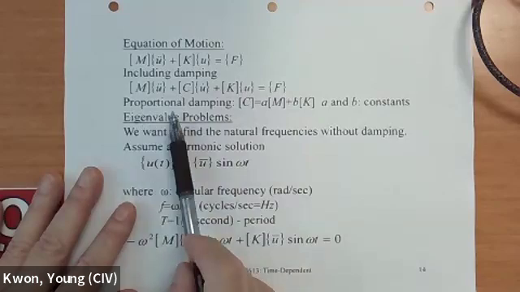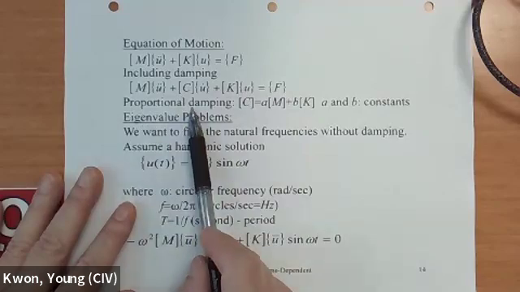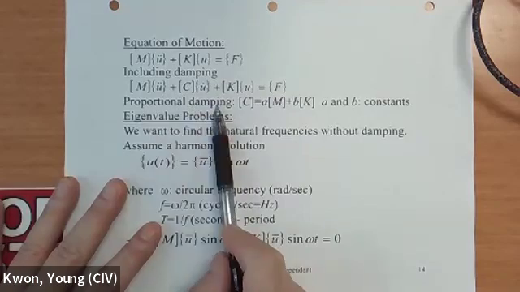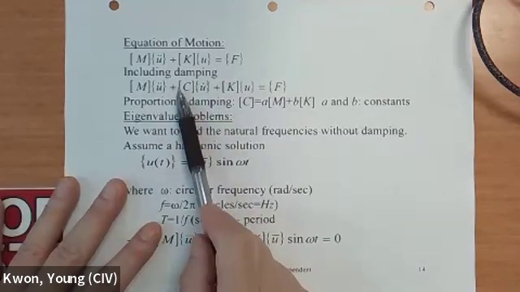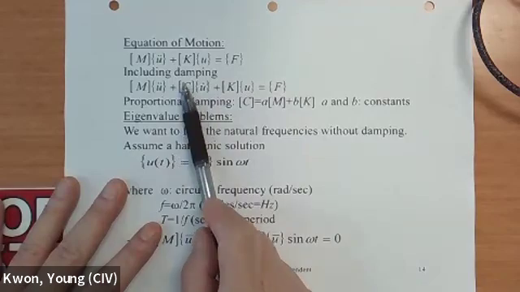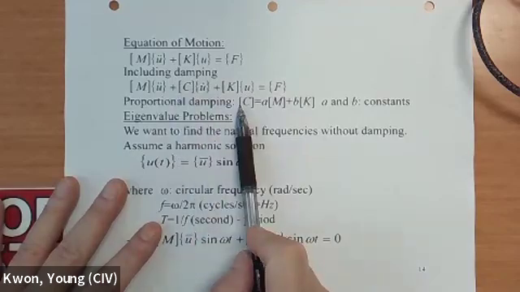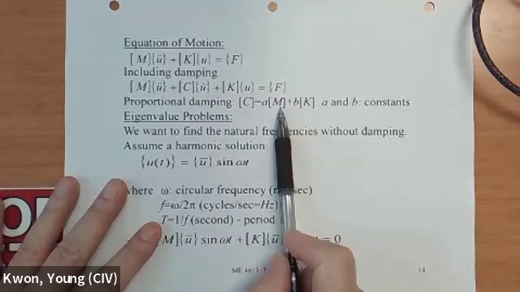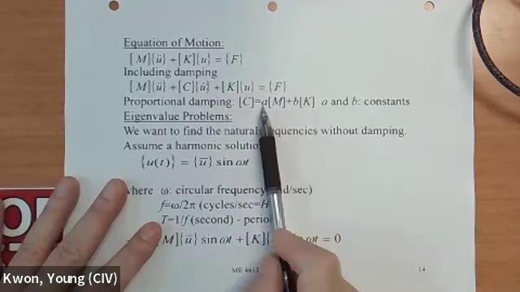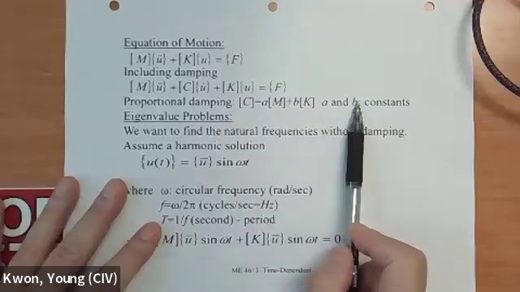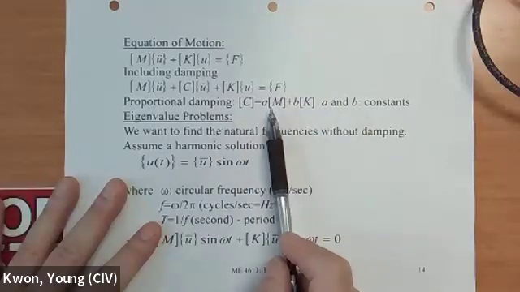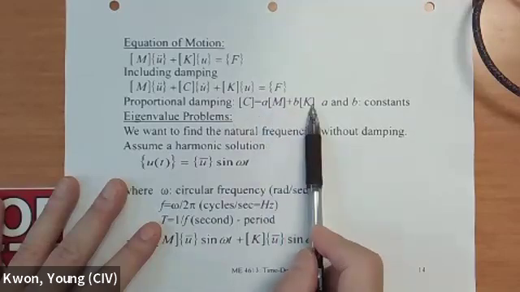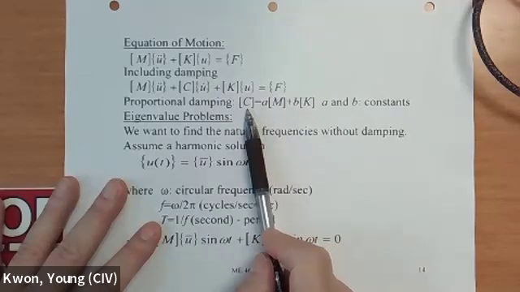And for mathematical simplicity, what people propose is so-called proportional damping. Proportional damping means that the damping matrix C is a linear combination of the mass and stiffness matrices, where A and B are constants to be determined. Once you know A and B, and multiply them by the matrices M and K, then this is going to be your damping matrix.